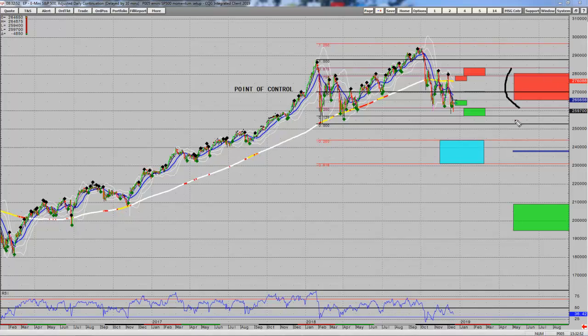So the sell zone of that whole wave higher over the last couple of years is this 2650 to 2800 zone. The midpoint of that whole wave is down at 2375, and then the buy zone of that is down around 1950 to 2100.